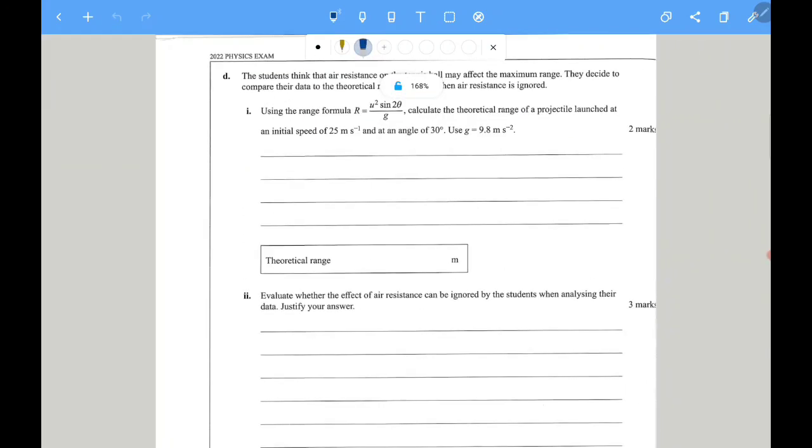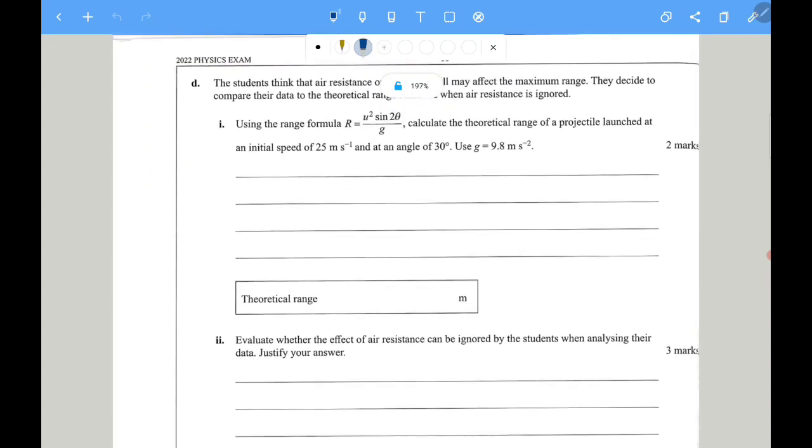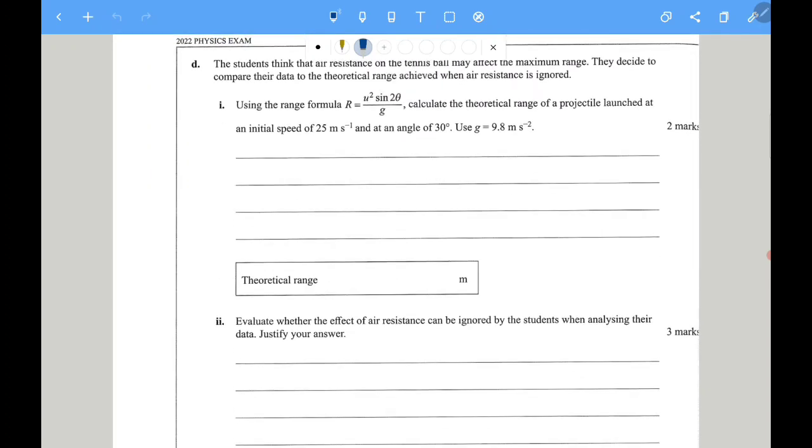Alright, now let's analyze this a bit further. So students think that air resistance on the tennis ball may affect the maximum range. Yeah, like no duh. They decide to compare their data to the theoretical range achieved when air resistance is ignored. Alright, so we can calculate the theoretical range for a projectile launched at an initial speed of 25 meters per second with an angle of 30 degrees.